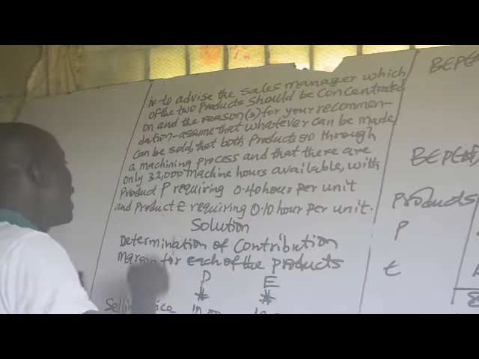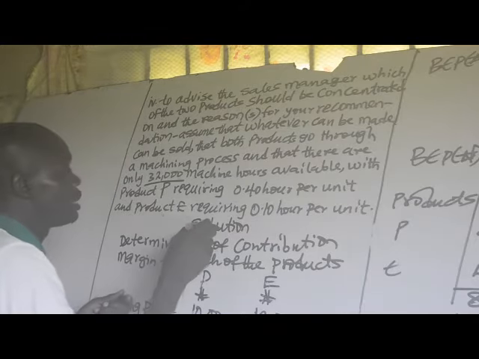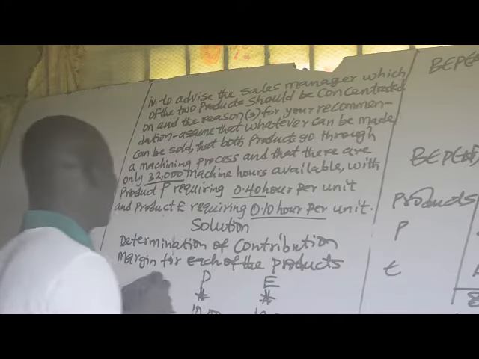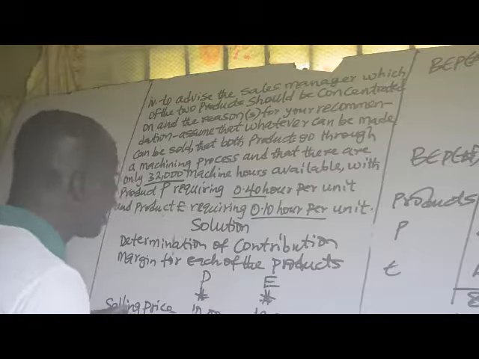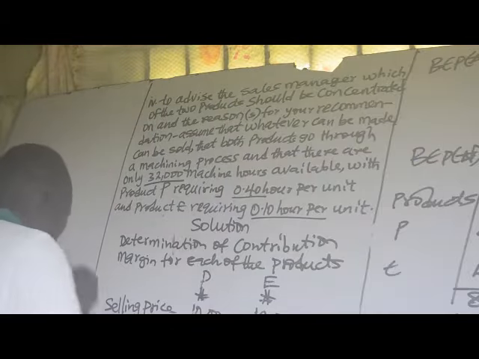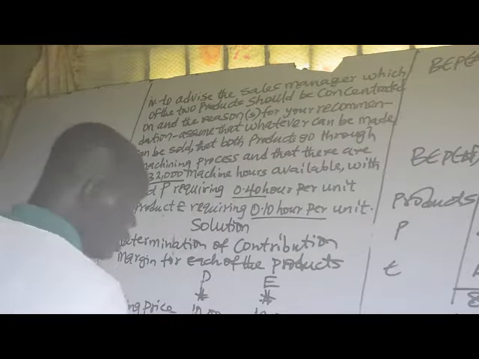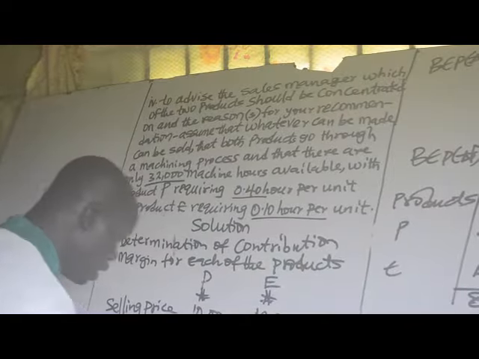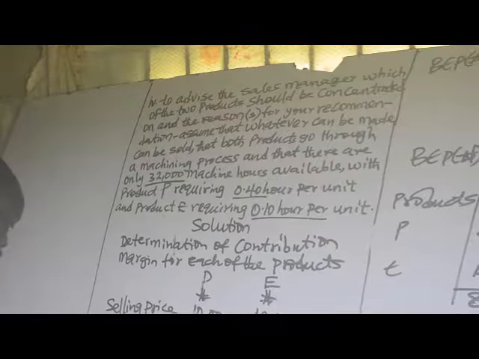This question is testing your understanding of single limiting factor. But in this case, you are not given the maximum number of units of each product that could be bought or sold.